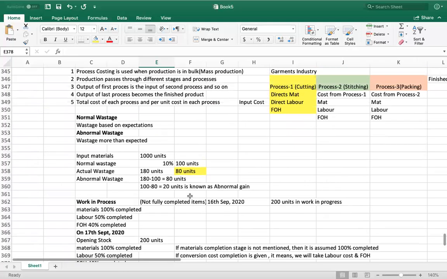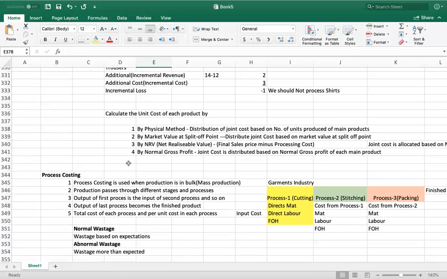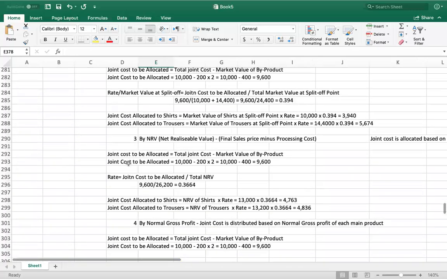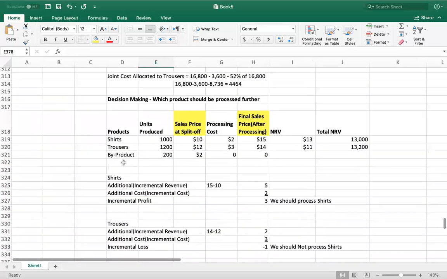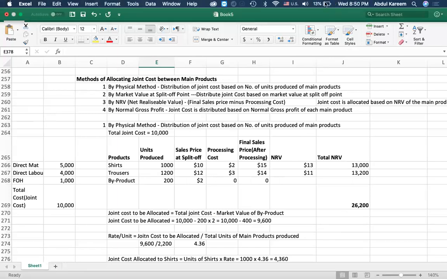In the next class, I will send you some practice: just write this question, change the numbers a little bit, and practice by yourself using these methods. Inshallah, see you in the next class. Thank you.